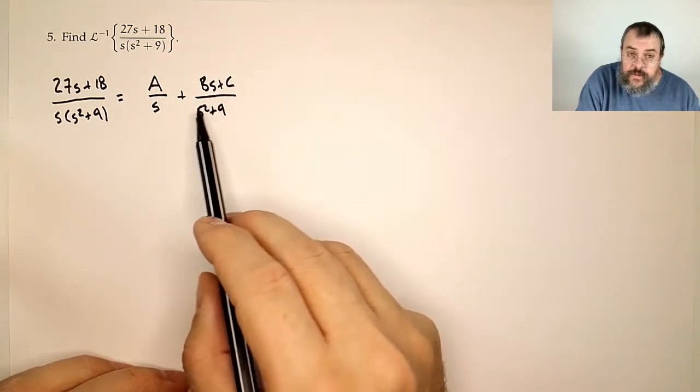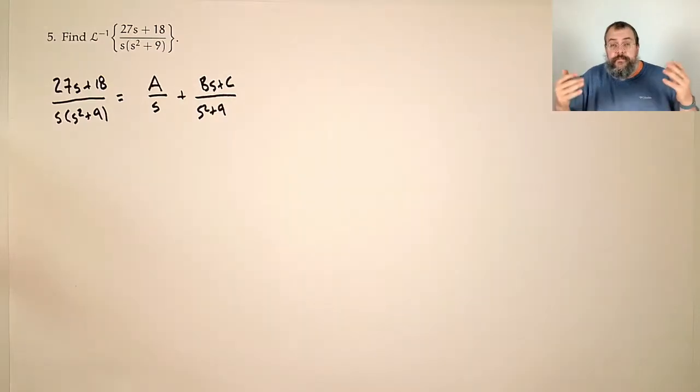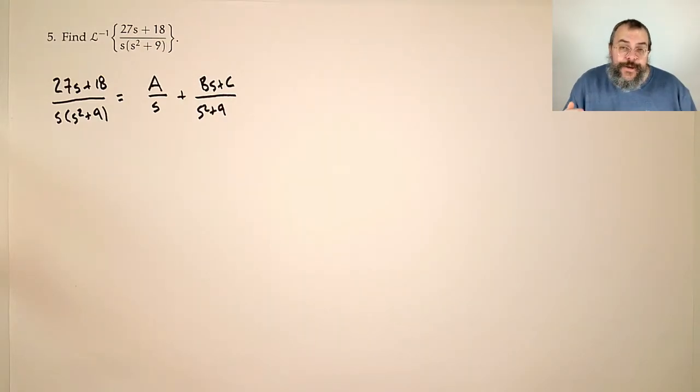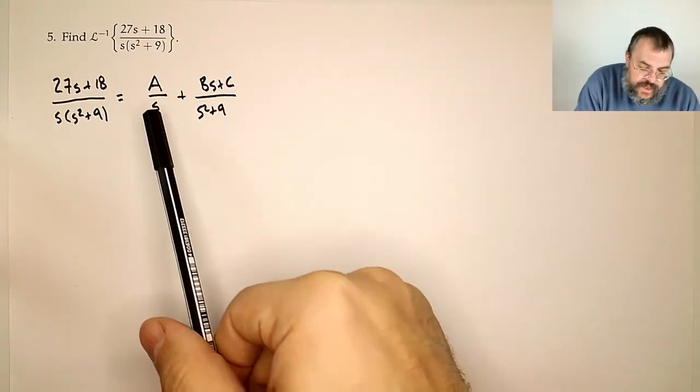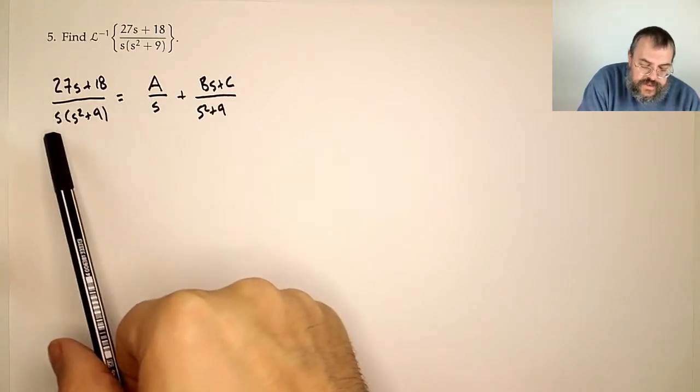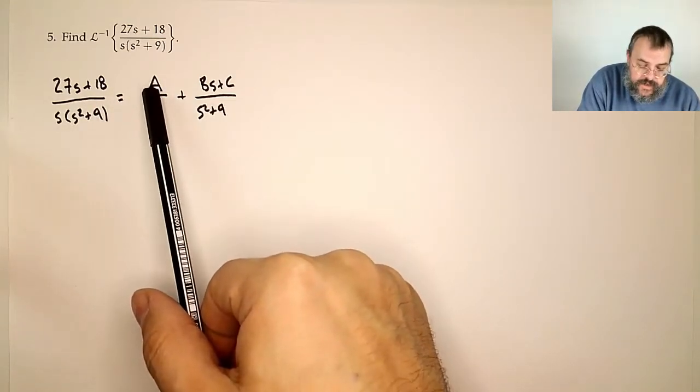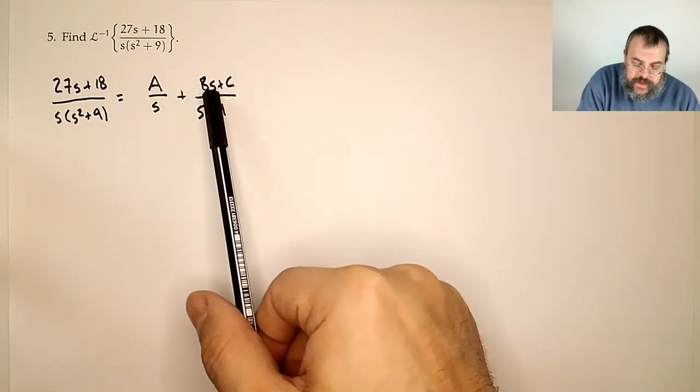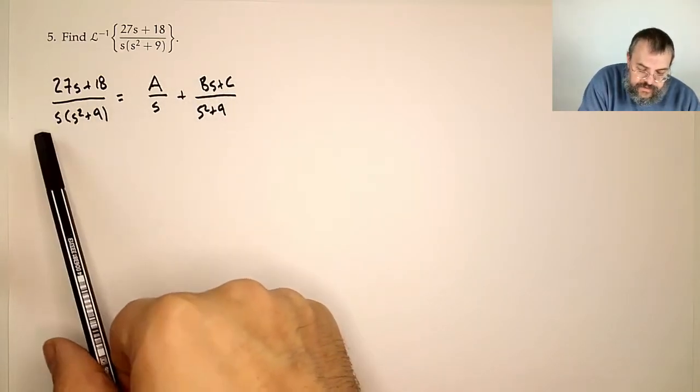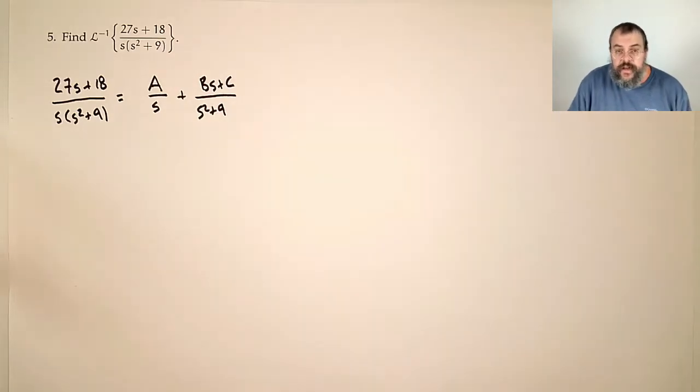If it's an irreducible quadratic, you have upstairs a linear. Really, there's another check here. See how downstairs this is a cubic? That means we should have 3 things to figure out. Whatever the power is downstairs, that's how many unknowns you should have upstairs. So that's sort of a built-in check. So we need to find A, B, and C.